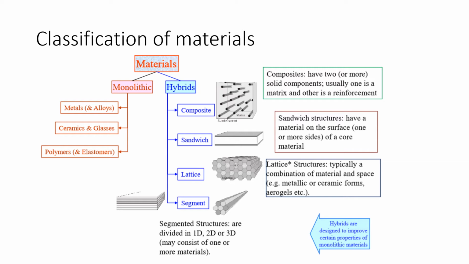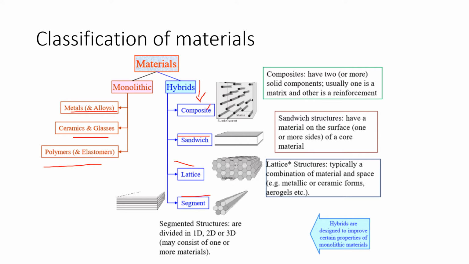Monolithic materials are further divided into metals and alloys, ceramics and glasses, polymers and elastomers. The other part is hybrid. Hybrid materials are mixed with other constituents to improve the mechanical properties: composites, sandwich, lattice, and segment.